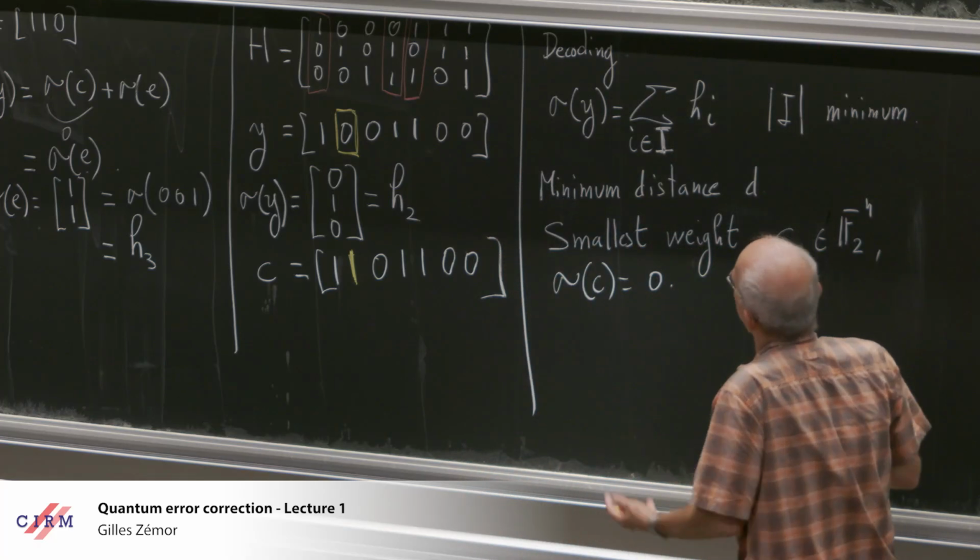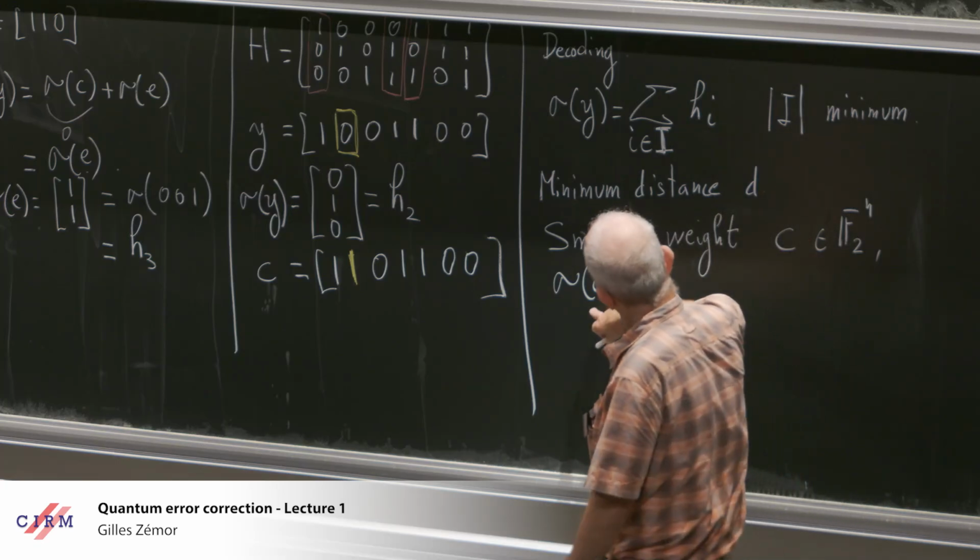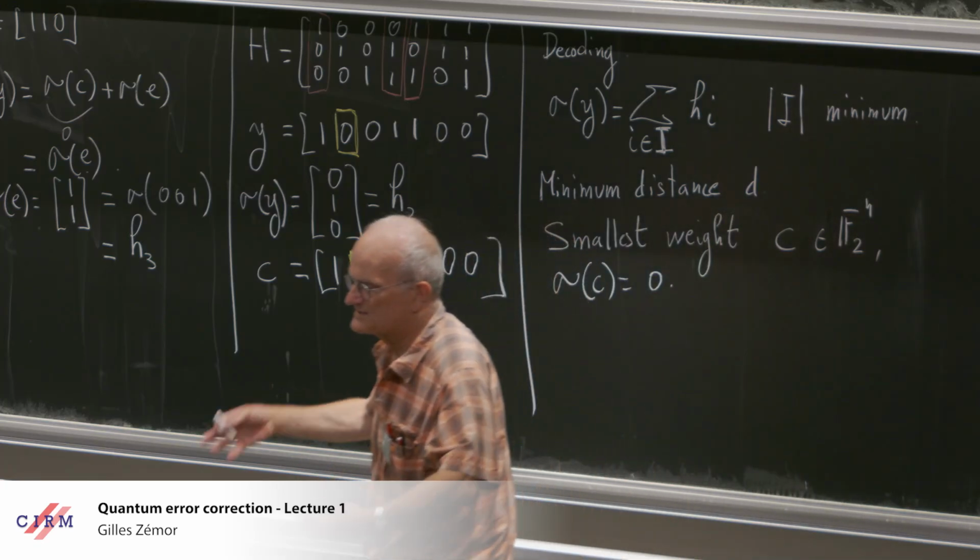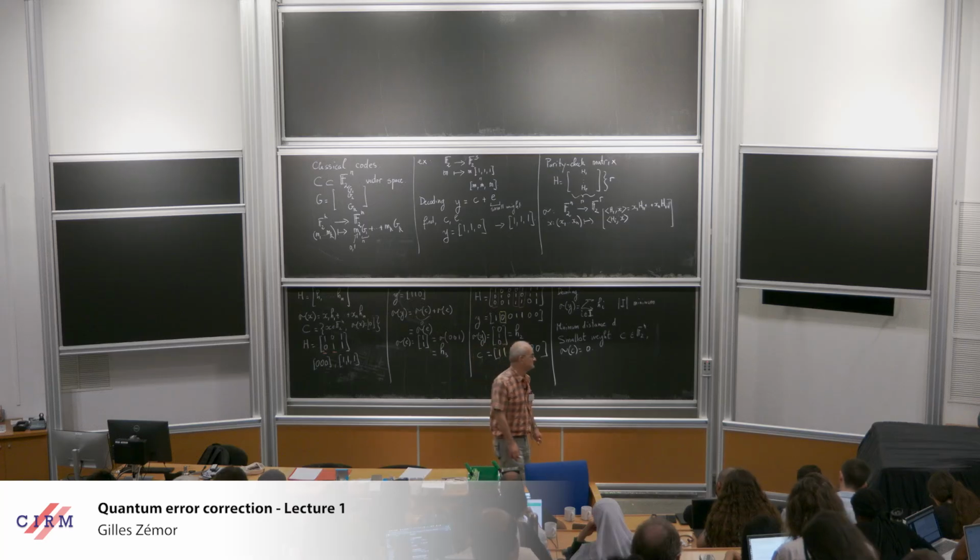So if you prefer, vectors of zero syndrome are code words, so it's the smallest weight of a nonzero code word.